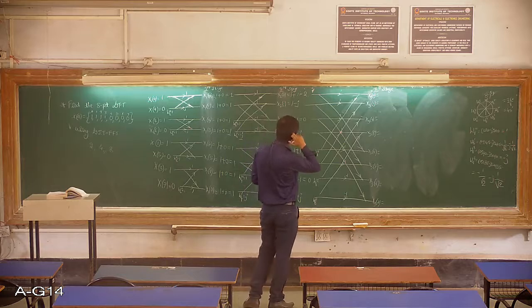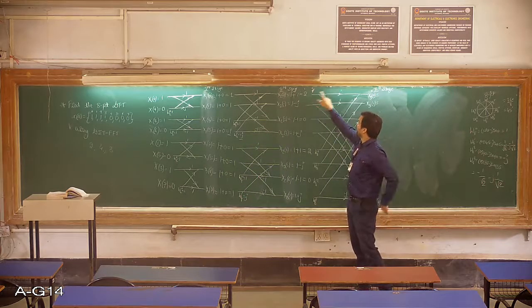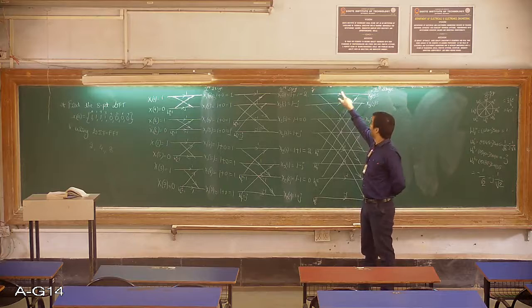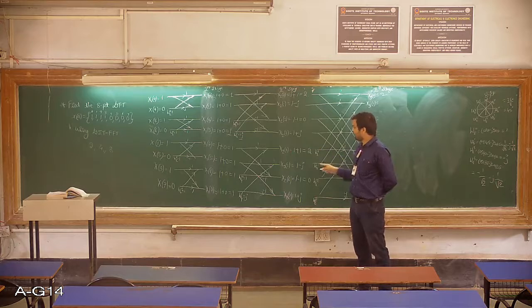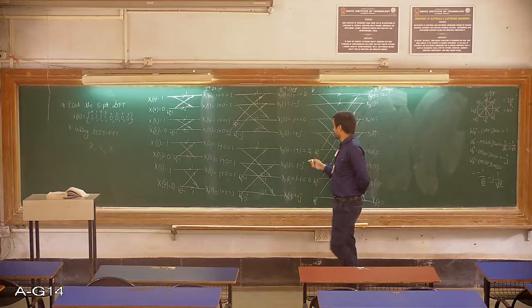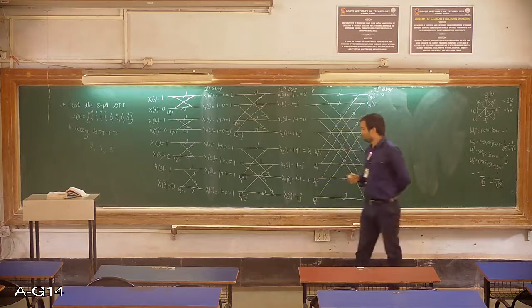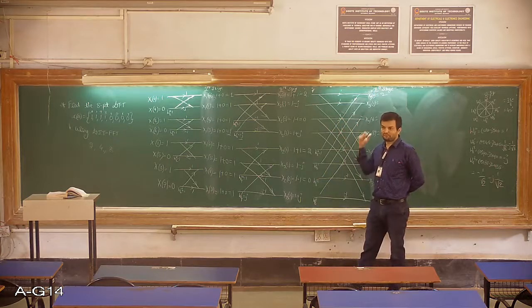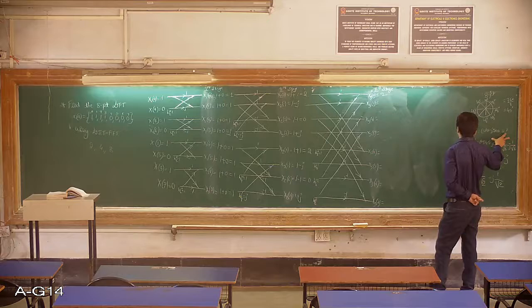Calculate the values. The first one, 2 into 1, we'll get here 2. One more arrow came from this point, x2 of 4. So what is the value here? We'll get 1, W8 of 0, or else we'll write W8 of 0 only. At the end, we can substitute these values.